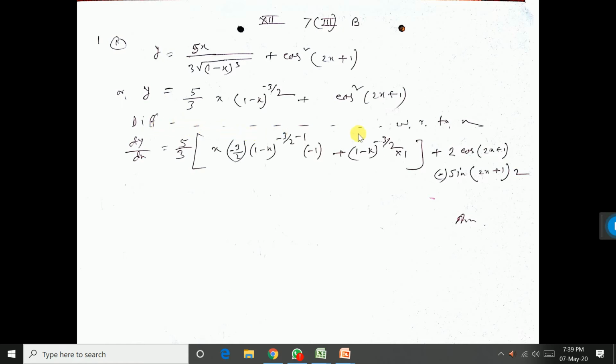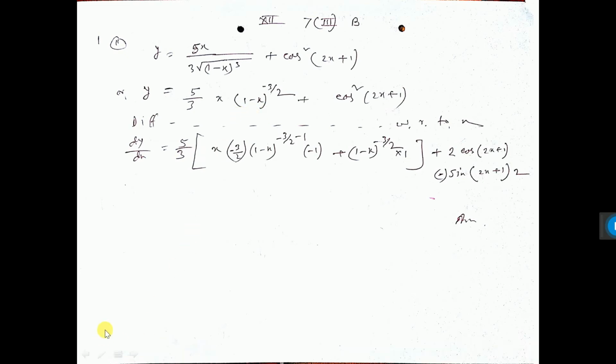Now if you differentiate both sides with respect to x, this one you need to write full sentence. dy/dx equal to this one constant, so it will be outside, u into v differentiation, that is x is u and 1 minus x whole to the power 3 by 2 is v.